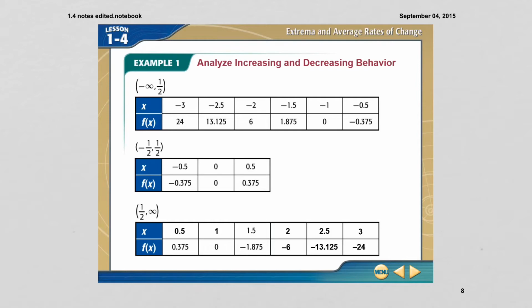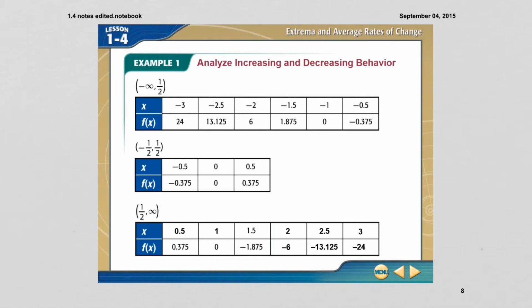-2.5, -2. And as we look at our table, we can see as we're coming in from negative infinity, our numbers are getting smaller and smaller for our f of x until we get down to -0.5. So we can see it's decreasing over that interval.